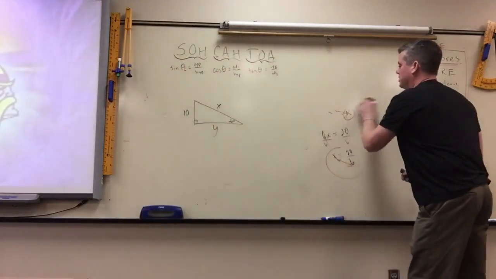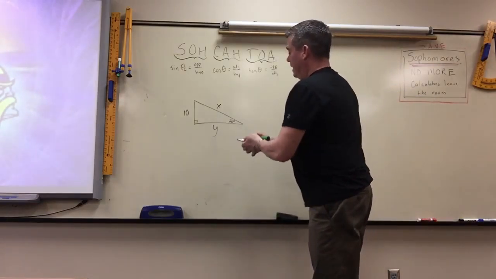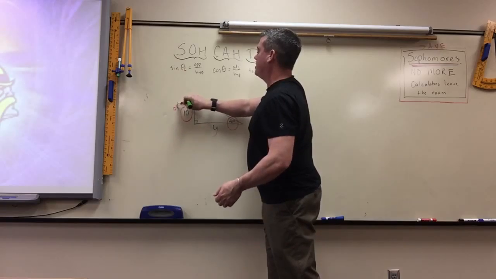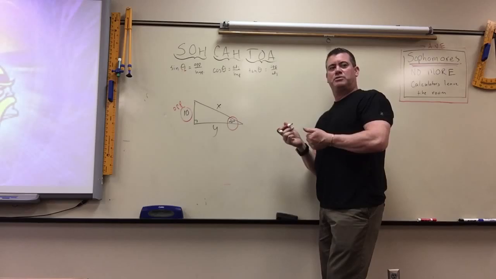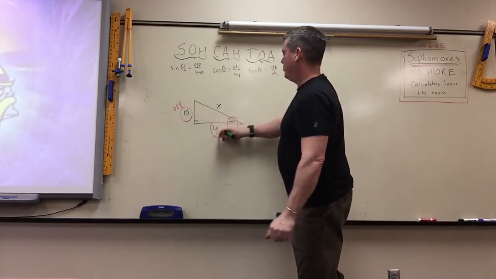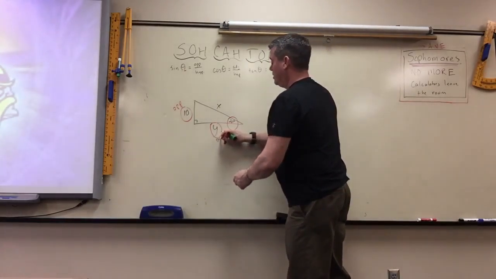Okay, for this one, here's the angle. The number given to me is opposite of the angle. So then you decide which one you want to find first. X or Y? Y. Y is adjacent to 20.